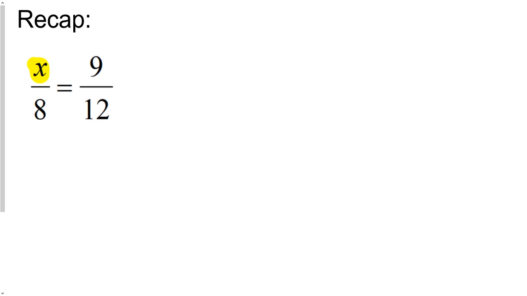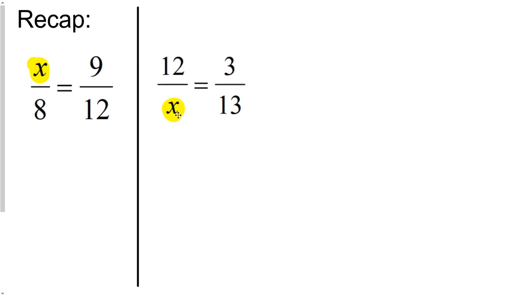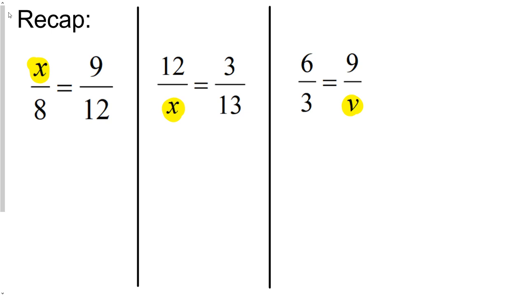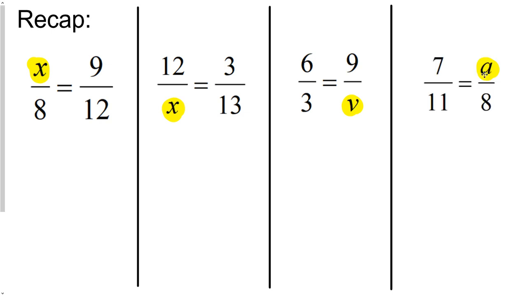So for a recap, we've looked at this one for our first proportion. Let's solve for the missing number. It's missing up here in the top left. Our second one was missing down here in the bottom left. The third proportion was missing in the bottom right. And our fourth proportion was missing in the top right. So no matter where that letter is found in these proportions, this is what you do.